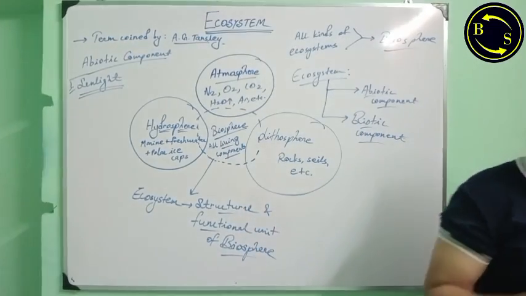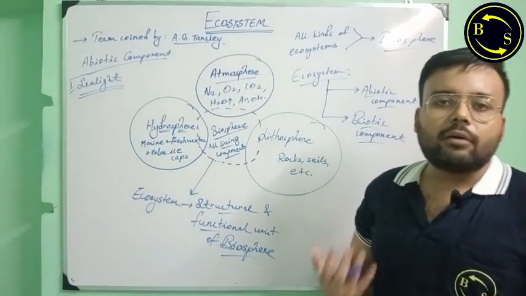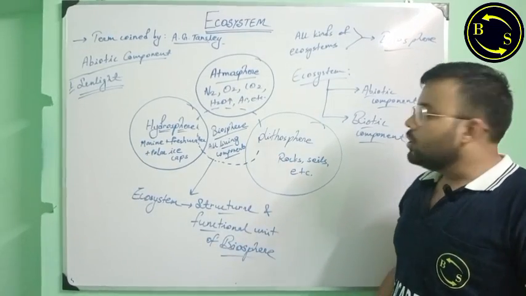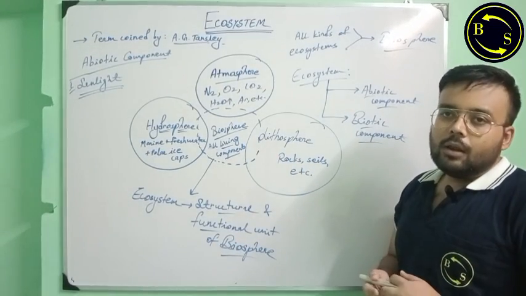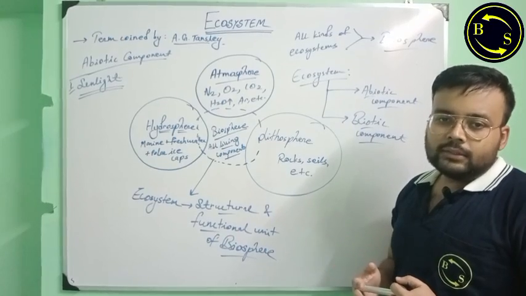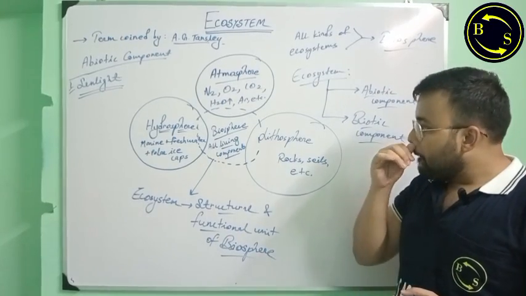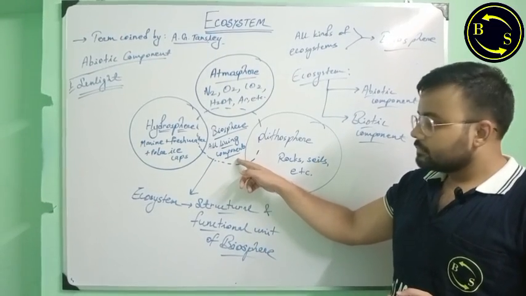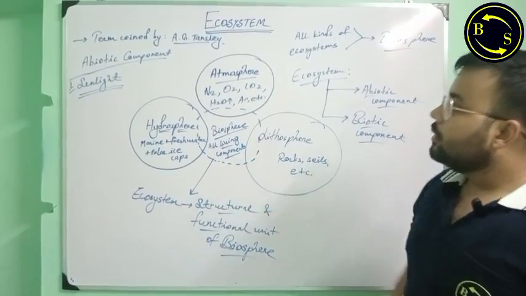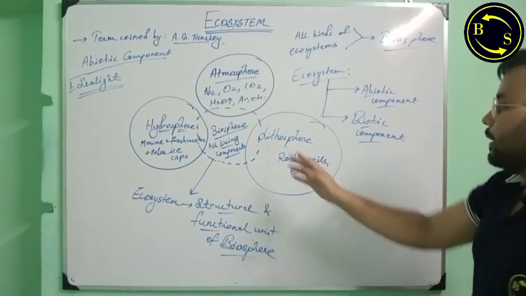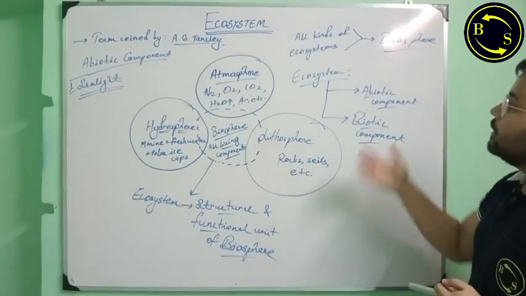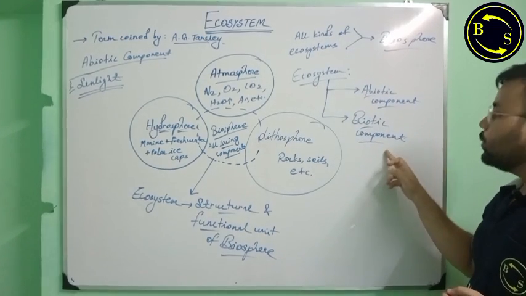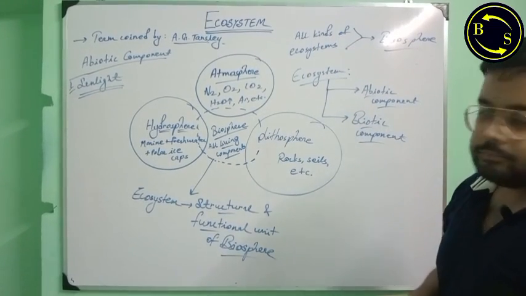It is the source of energy that drives our ecosystem, and without sunlight no life would have been possible on earth, and hence without sunlight biosphere would not have existed. Okay, so due to sunlight biosphere exists, and as a result ecosystems exist, and the biotic components also exist due to sunlight.